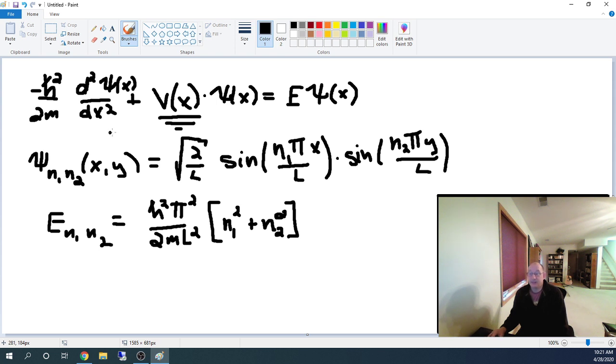Then we said, let's consider the situation where things get more complicated. Well, let's actually simplify a little bit: we're going to say that our potential only depends on the separation between the two particles.